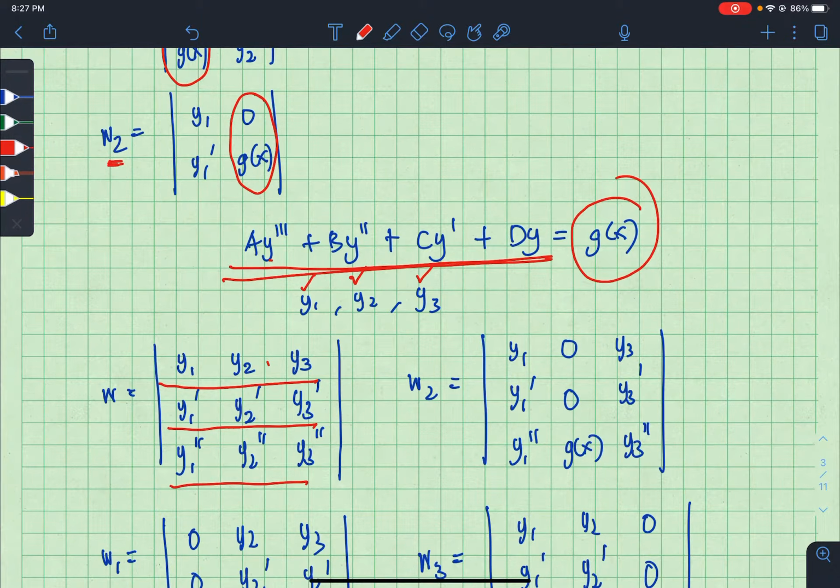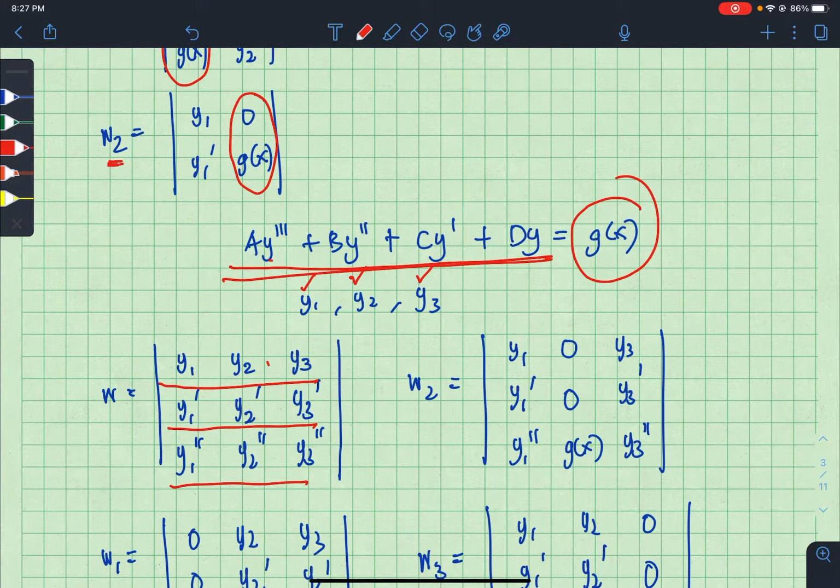U sub 1 is negative 1 half t squared ln t, and then plus 1 half integral of, t squared over t is t dt. Or u sub 1 would be negative 1 half t squared ln t plus integral of t, which is t squared all over 2. So that would be 1/4 t squared. So negative 1 half t squared ln t plus 1/4 t squared. That is u sub 1.